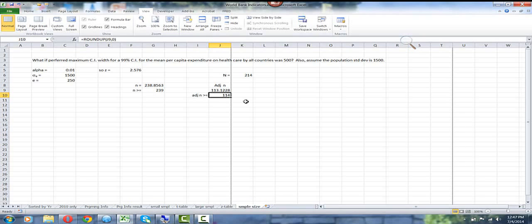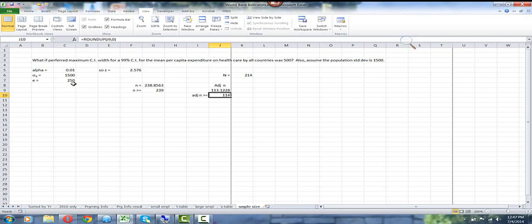So notice we have to take quite a bit relative to the population size to get to this interval width, or this tolerable error. Remember we were at a margin of error of almost 1,000, 970 something, I believe.